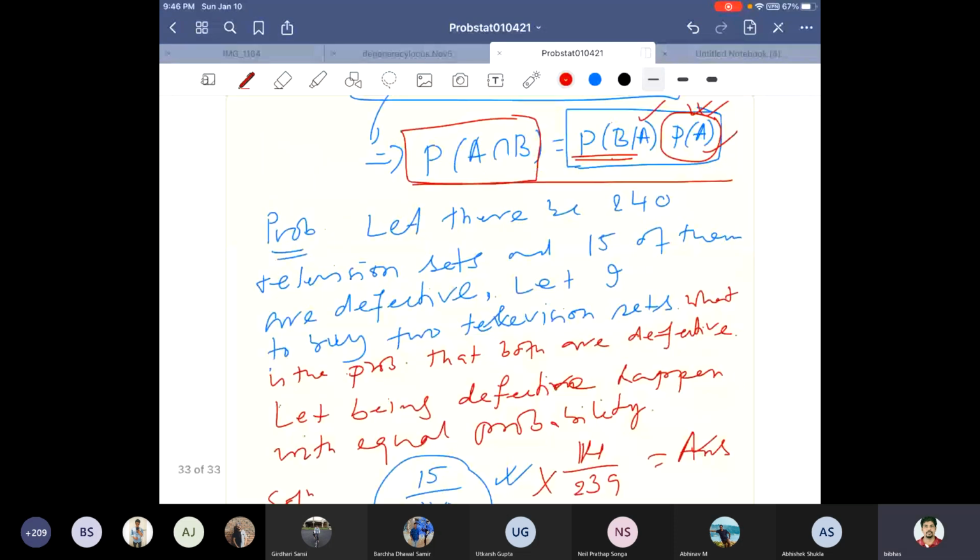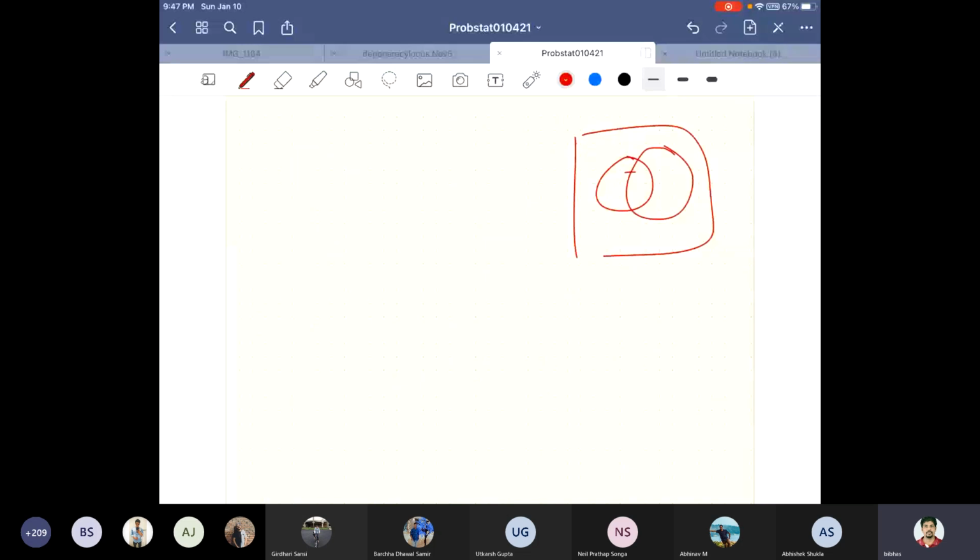So instead of considering this as a division, you consider this as a multiplication: probability of A intersection B. If you see the Venn diagram, this is A and this is B, and you want to find this intersection.